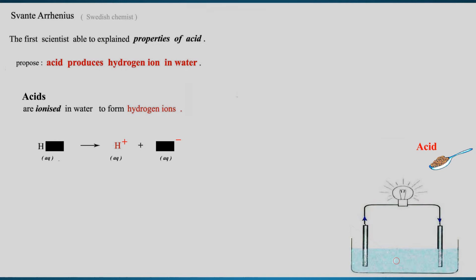Then what is this H plus ion? This H plus ion is a proton. Remember, the nucleus contains proton and neutron. Hydrogen only contains a proton, the positive proton. Proton has no electron and is very highly charged and is very small.